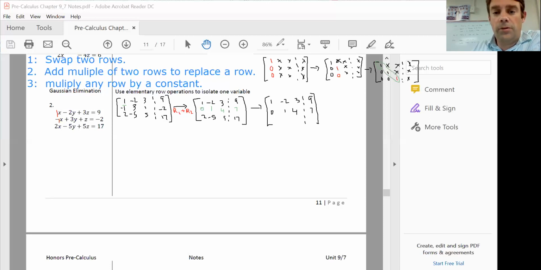Let's take my first row and multiply it by -2. That's a multiple of a row, and I'm going to add it to my third row and replace my third row. Again, I do little subscripts just to help keep me straight, so that if I get lost somewhere along the way, I know what I've done.